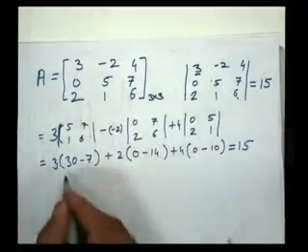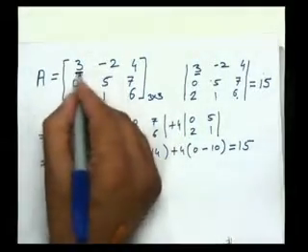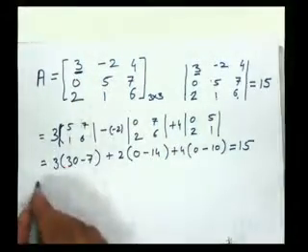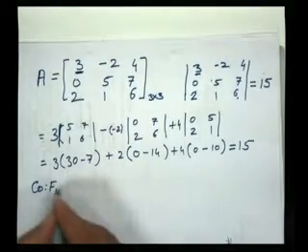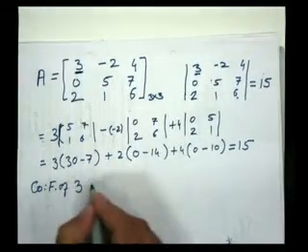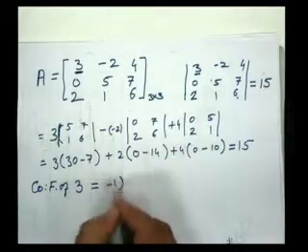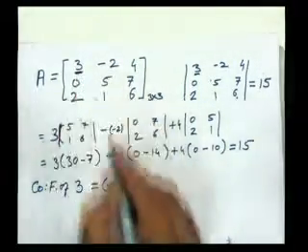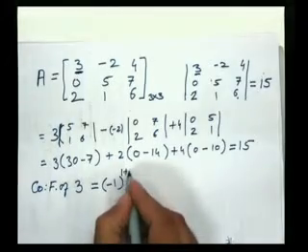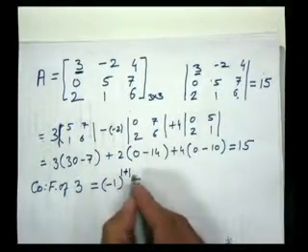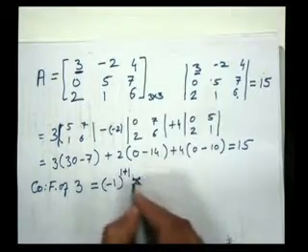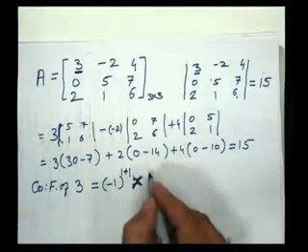Now the cofactor of this element, now the cofactor of 3 is equal to minus 1 raised to first row plus first column, into the minor of this 3.